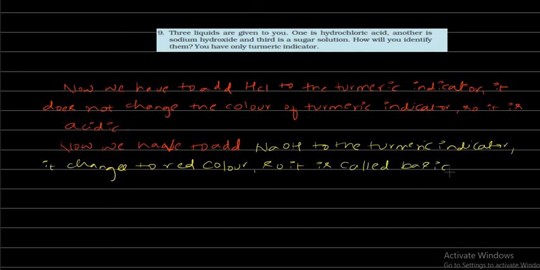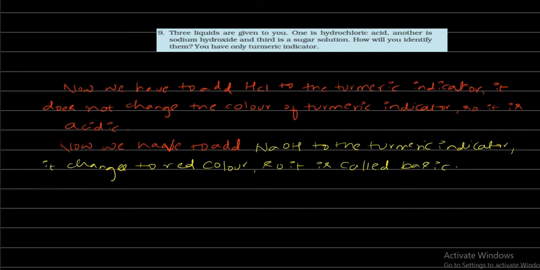But how can we define a sugar solution? Third is a sugar solution. Even to the sugar solution, if we add the turmeric indicator, it doesn't change the color. So you will get confused with the acid as well as neutral. So I will do it like this.